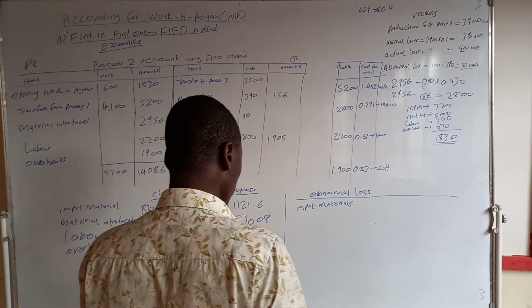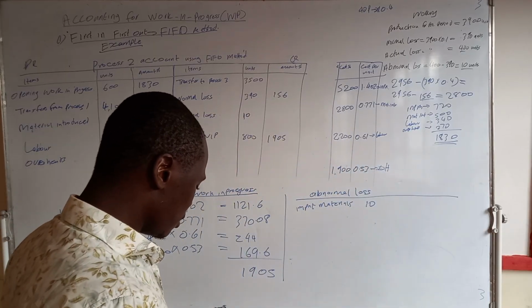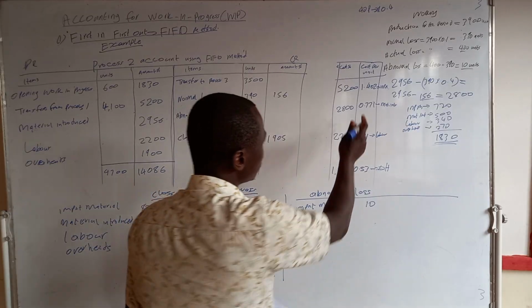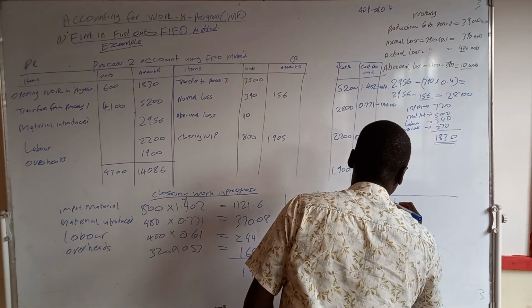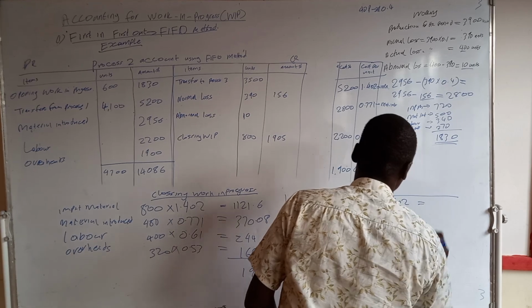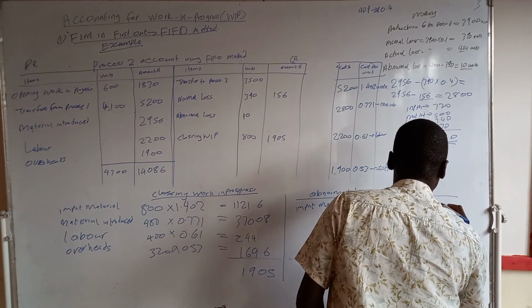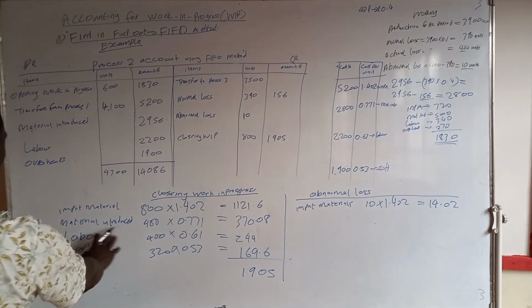The equivalent was 10 units. Equivalent of 10 units at what cost per unit? 10 times 1.402 gives us 14.02.